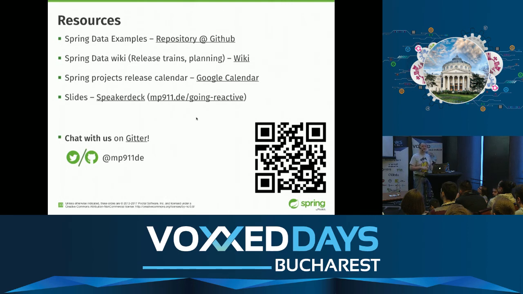Yes, question? So the question was, will it be released in December 2017? Spring Boot 2.0 will be released in December this year. Spring 5 is going to be released in June, July, something like that.